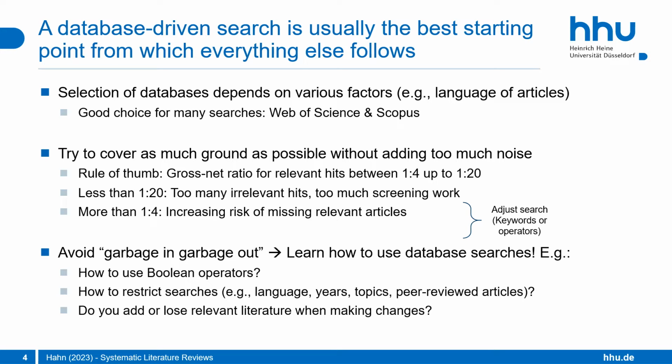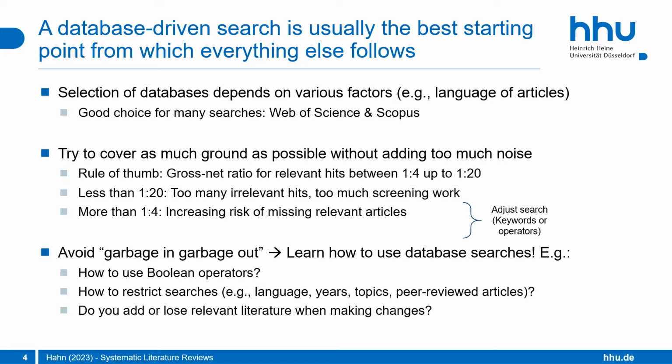You usually, no, actually you never have a 1 to 1 ratio, because that would mean that each and every hit in your database search is really in the end relevant, and that's actually quite impossible, because it would mean that you would probably have missed out too many relevant hits because they were using other kinds of keywords and so on.